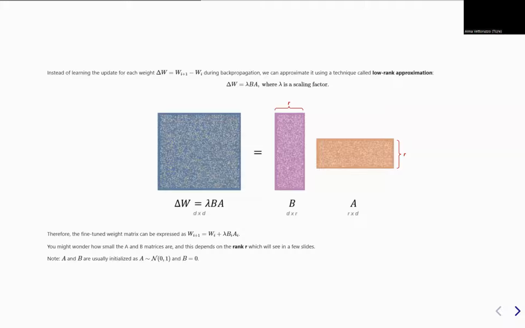These A and B matrices are considerably smaller than delta W, which is the weight matrix of the original pre-trained model. In particular, the size of A and B depends on the rank, called R in short. We will see in a few slides what the impact of this hyperparameter is and how to set it correctly.